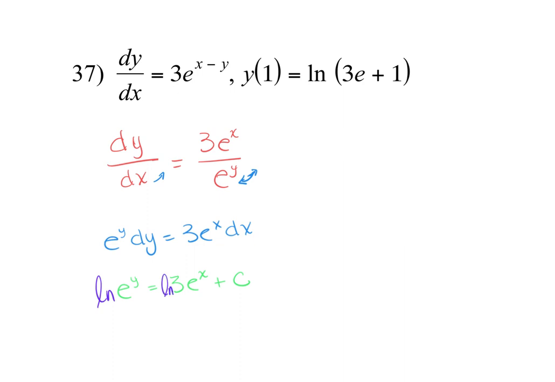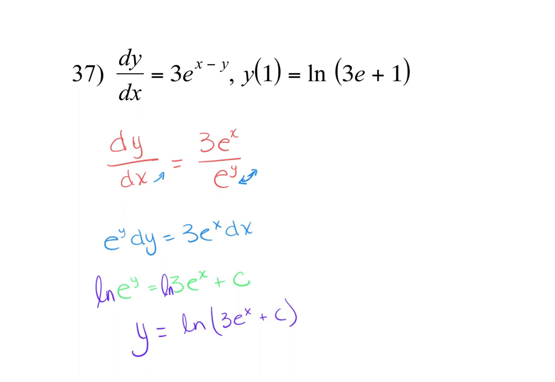So on this left side, now I have that y by itself. On the right side, I have the natural log of 3e to the x plus c. And this is telling me that if I plug in a 1, I should get ln of 3e plus 1.